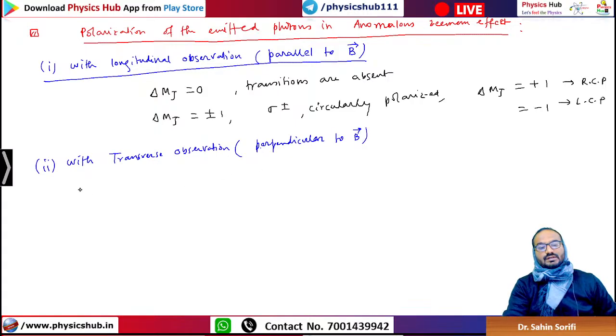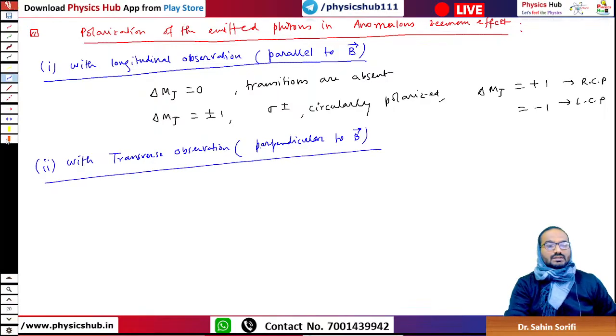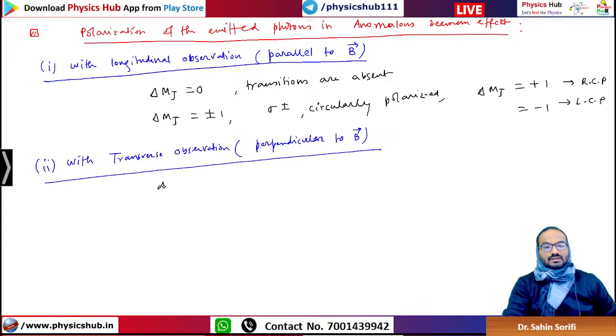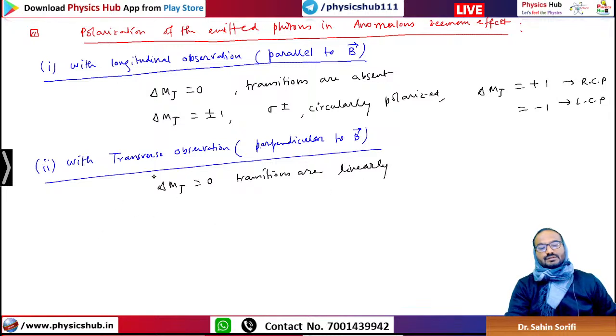In that scenario, we have already told you all three components will be present. Delta mj equals 0 transitions are linearly polarized.